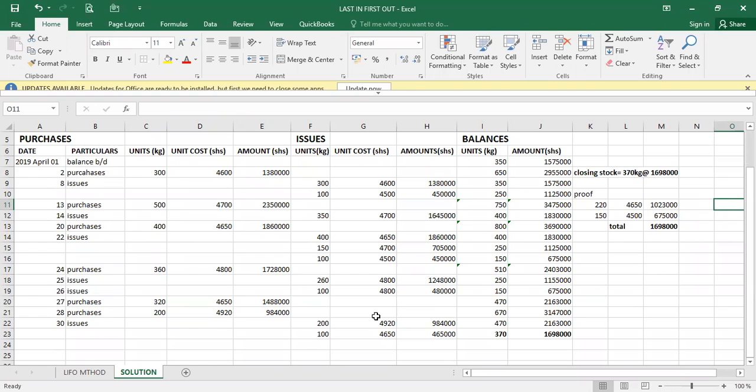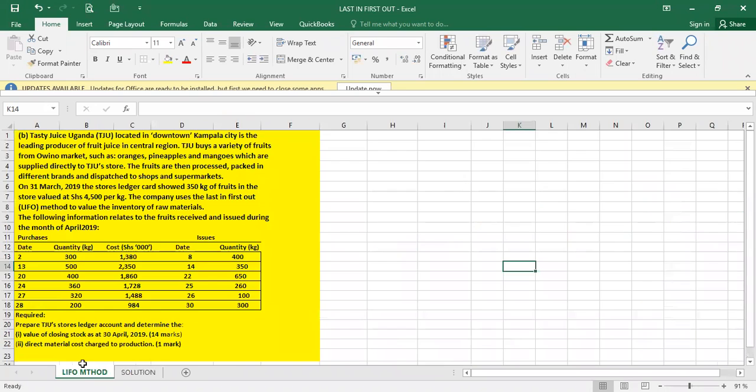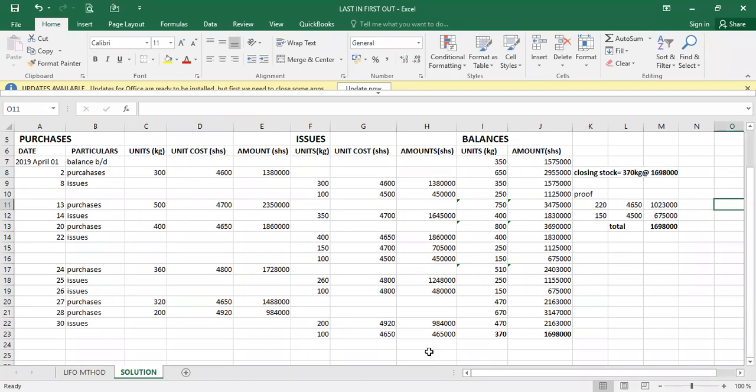Then the other one, they told us of the direct cost. The other question was the direct material costs charged to production. These ones you just add the issues. If they want them in units, you add the units we've issued out.